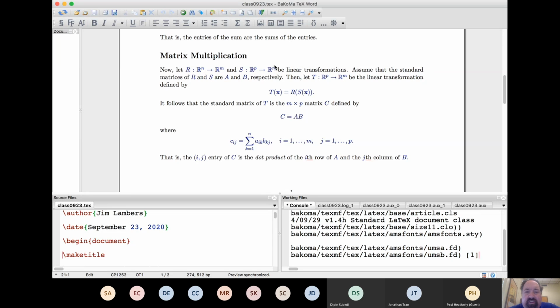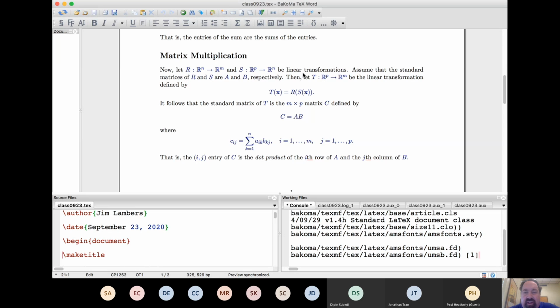So the number of outputs of S is the same as the number of inputs of R. So it is possible to chain them together. I define a new transformation T where the number of inputs matches those of S and the number of outputs matches those of R.